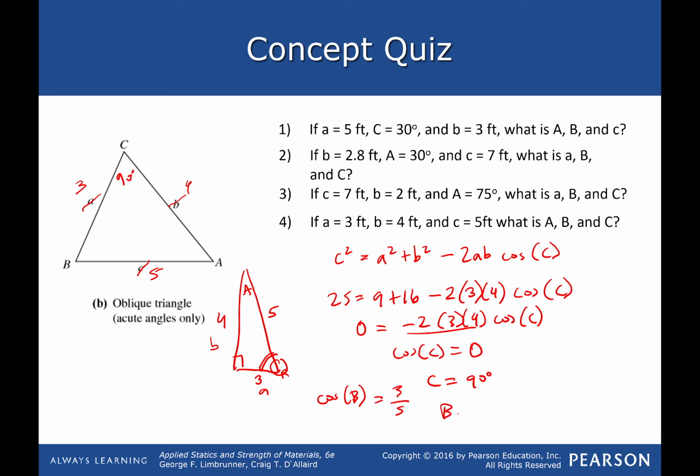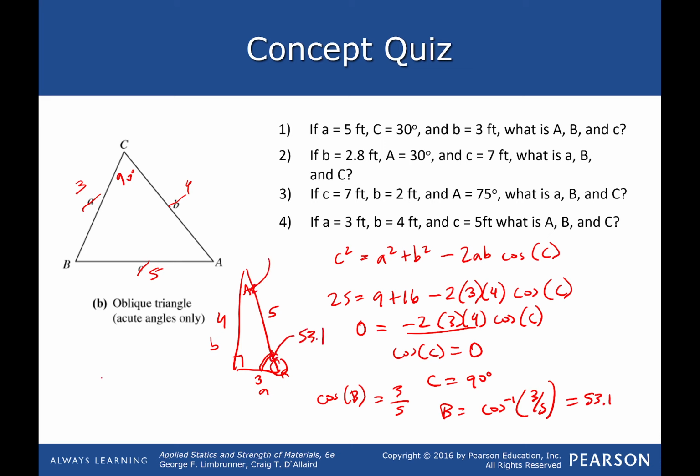So B is going to be equal to cosine to the negative first of 3/5. Turns out to be 53.1 degrees. Okay, so we have this angle, 53.1.